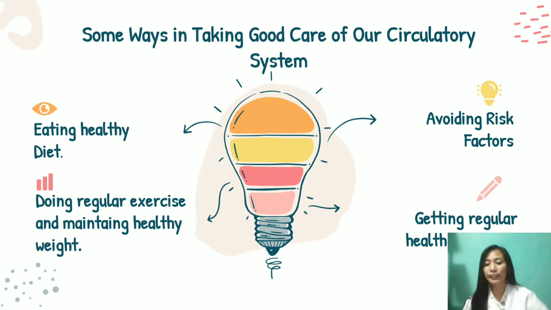And then lastly is getting regular health screening. Regular health screening provides an index for the appropriate action to take in maintaining a healthy circulatory system. Close monitoring of our blood pressure and periodic laboratory tests of our blood cholesterol level and blood sugar, among others, will help us to properly care for our own circulatory system.